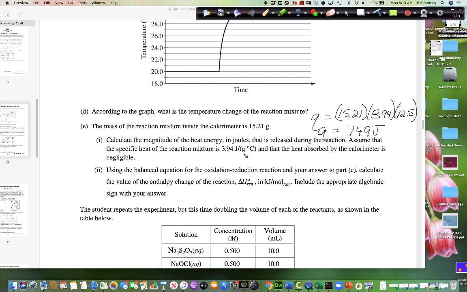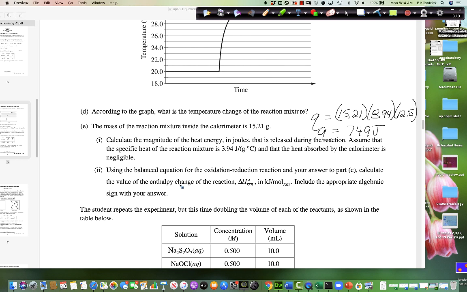Okay, so essentially what happens is we've taken those three reactants from the first page and we have put them together. The temperature did go up. It went up by 12.5 degrees and then it released 749 joules during that reaction.